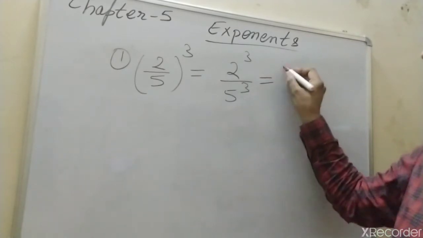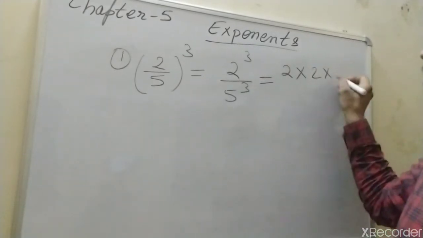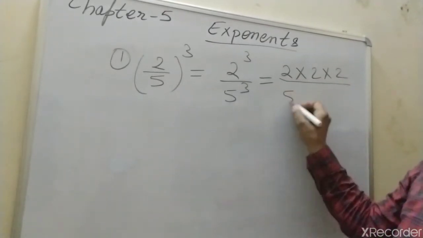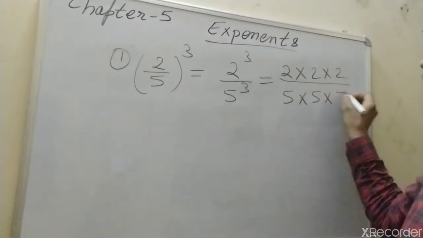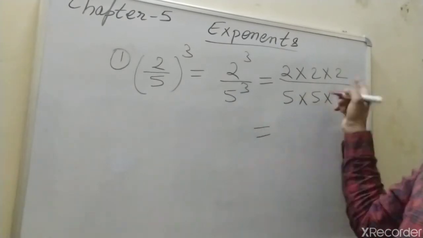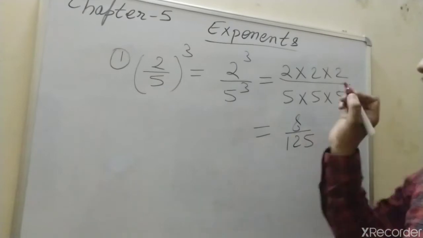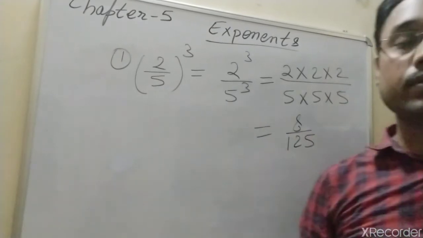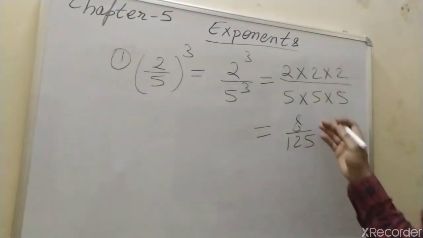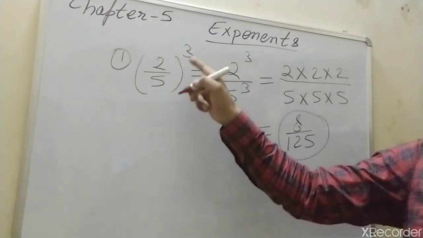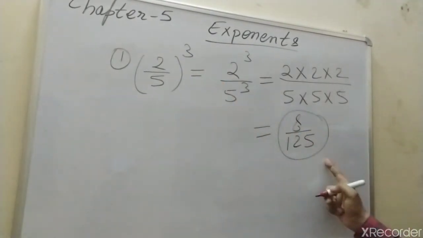Then you can write down this 2 into 2 into 2, and then it is 5 into 5 into 5. So the result you will get is 8 by 125. Okay, the result you will get 8 by 125, and this is a rational number. So you have converted an exponential form number into a rational number.